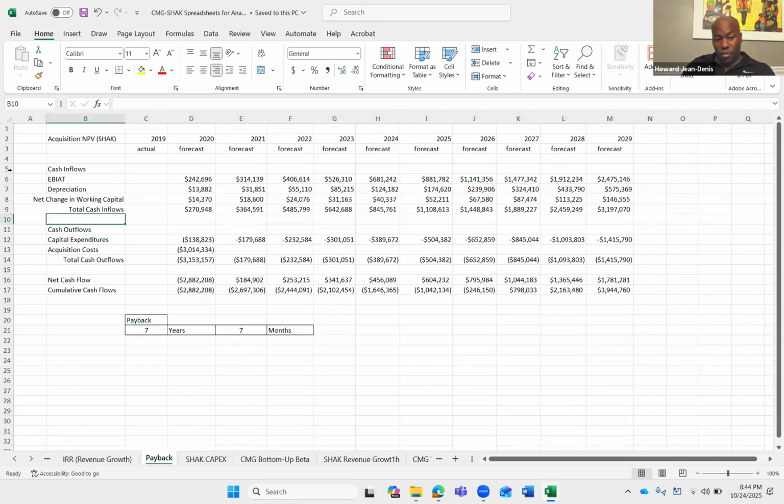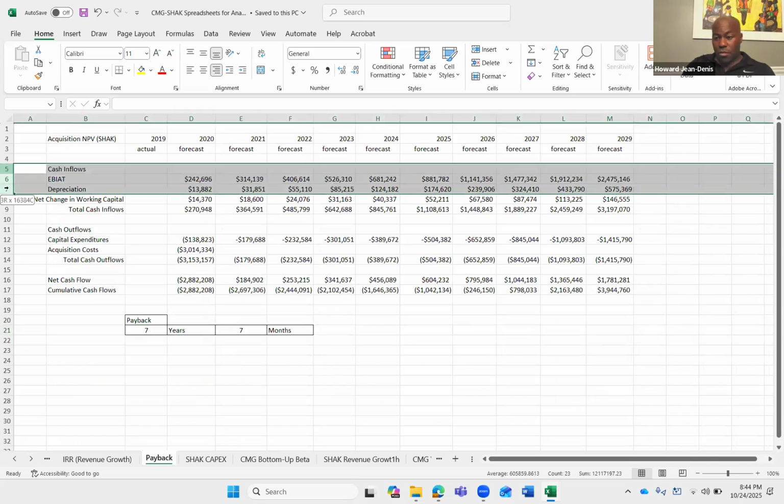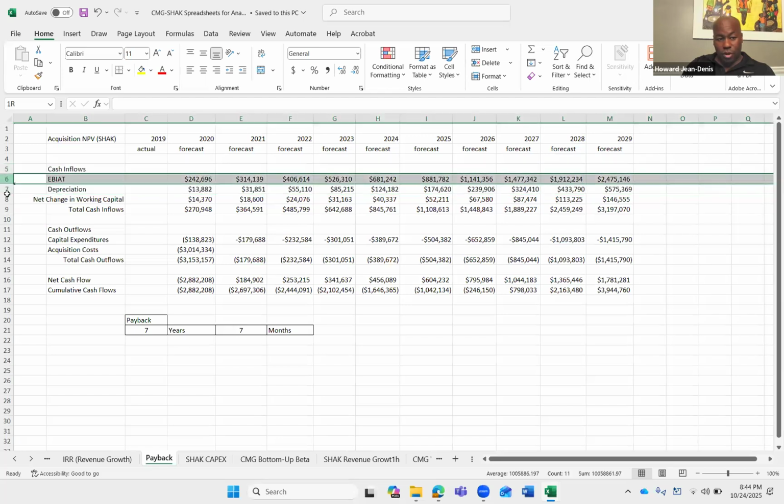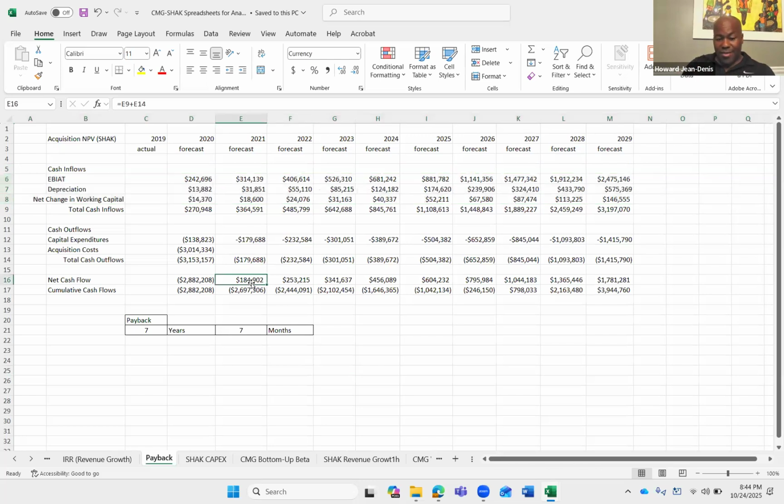Basically, if you look at all your inflows, right? Cash inflows are EBIT, depreciation, and net change in working capital. Capital expenditures and acquisition costs are outflows, right? In the case of Shake Shack, it's a negative number in the first year, but as these net cash flows are positive, this negative number starts to decrease.